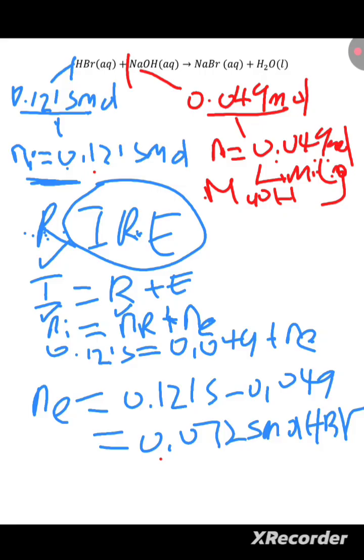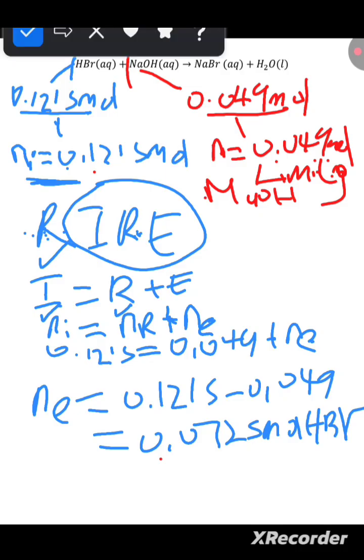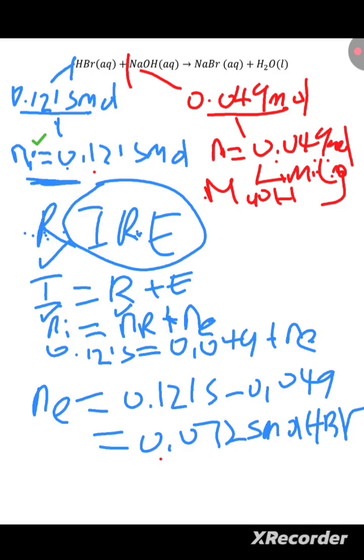So we can see that HBr has got 3 number of moles. We have this number of moles that are initial, this number of moles that are reacted, and this number of moles that are in excess. So it is initial, reacted, and the ones that are in excess. So we managed to do that. Right.